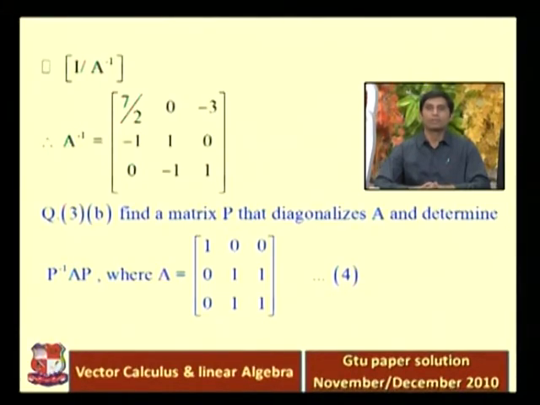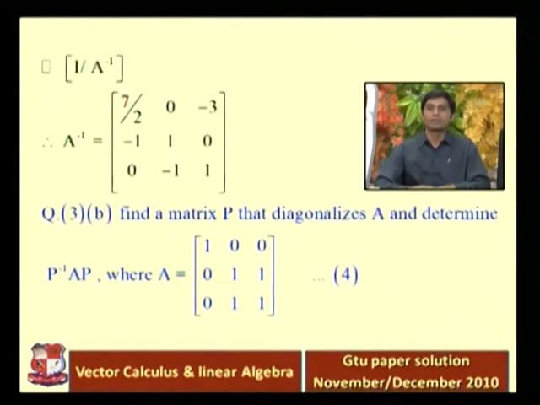So first of all we have to find eigenvalues. What do we have to do in this question? First we find the eigenvalues. Corresponding to all eigenvalues we find the eigenvectors, and we write those eigenvectors as column vectors. That matrix is our P. Then we have to find P inverse AP.